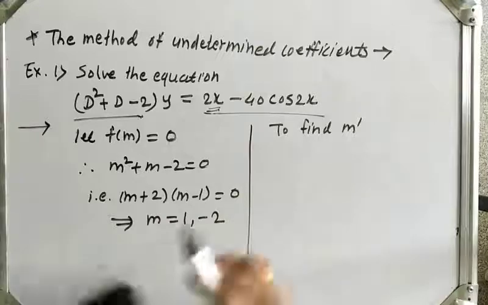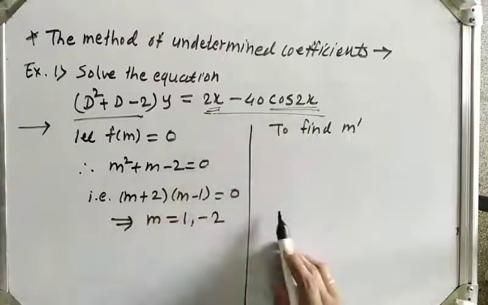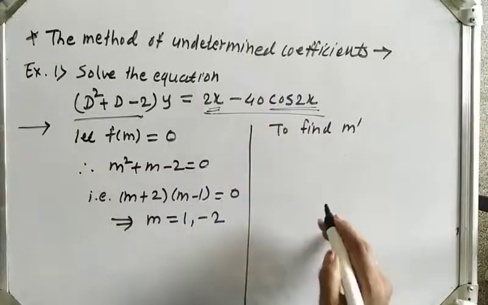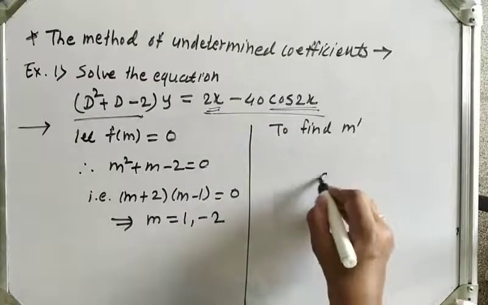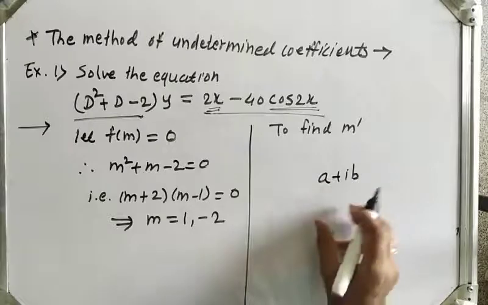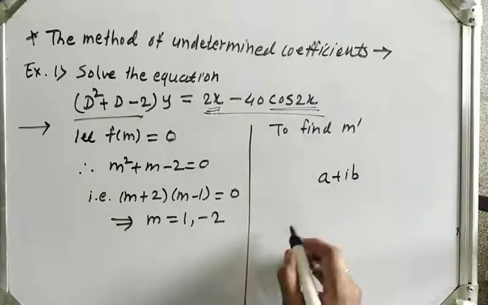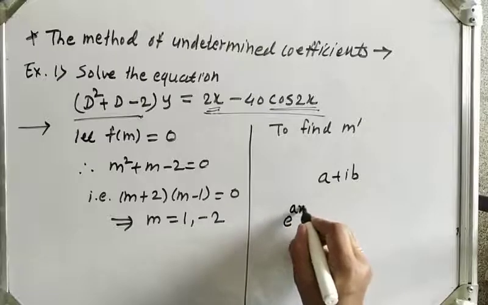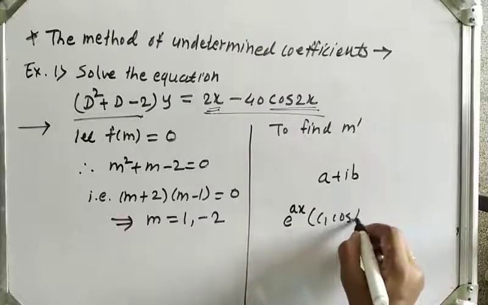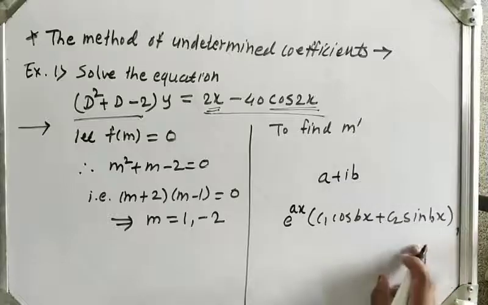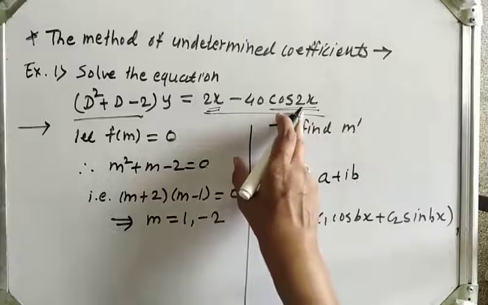What about this cos 2x? Now in our complementary function, for a + ib, if the root is a + ib, then its complementary function is e^(ax)(c1 cos bx + c2 sin bx). Now look here, here is cos of 2x.